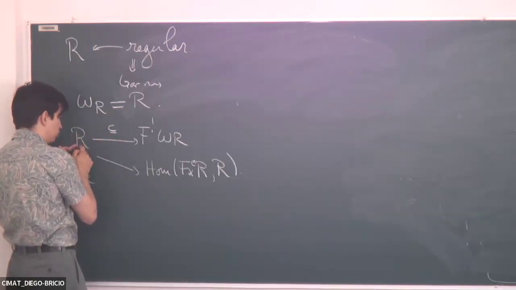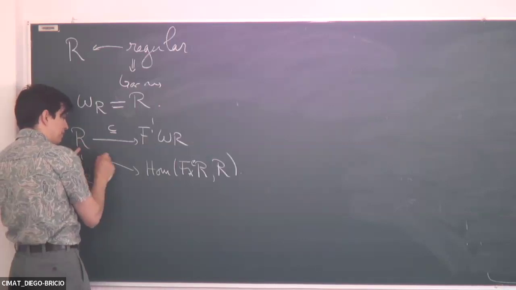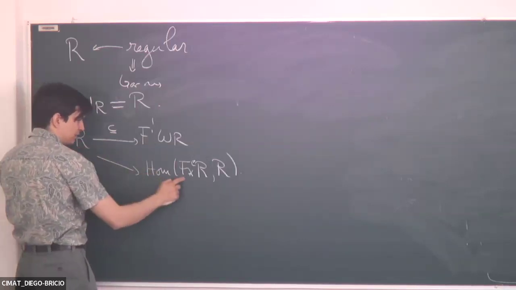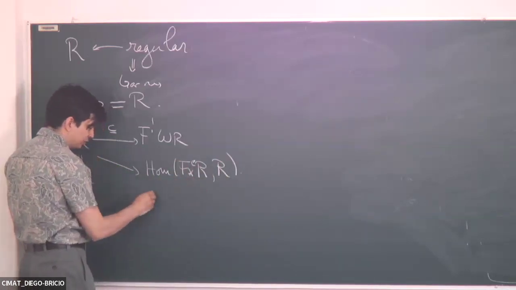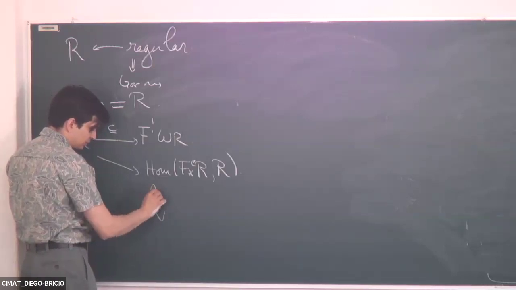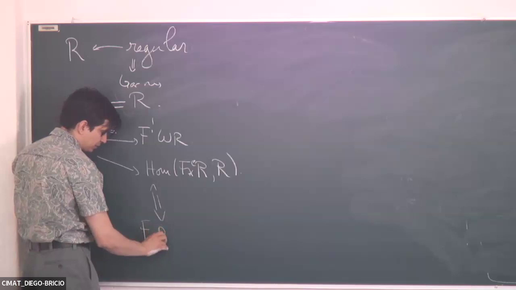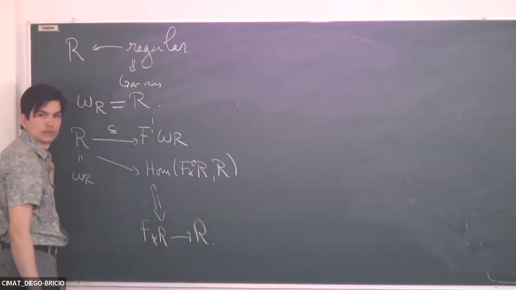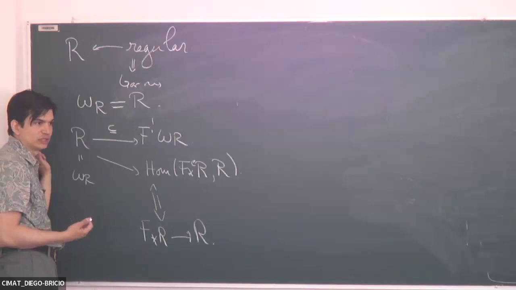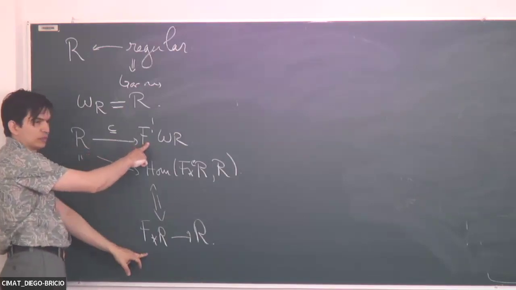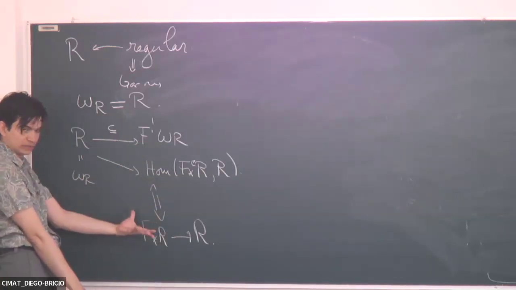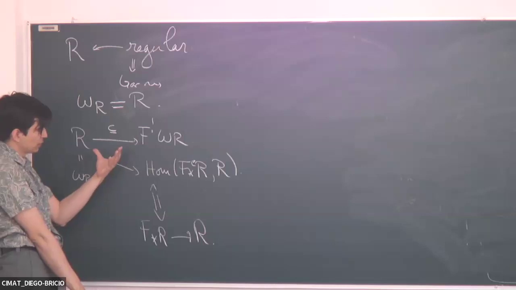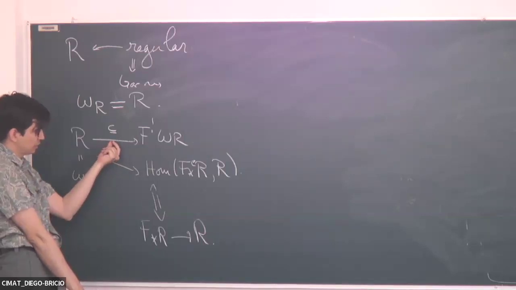I have to define a map from here to here, which is the same as the choice of a mapping here, right? So it is equivalent to the definition of a map from here to here, which is another way to express the adjointness between upper shriek and push forward. This map has to be adjoint to something there, but you can see that it's literally the same thing, right?